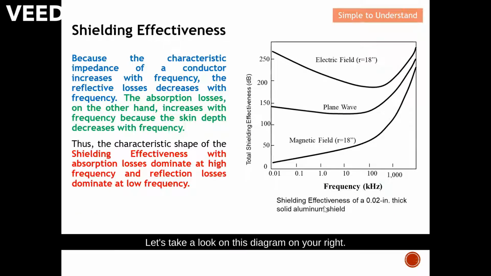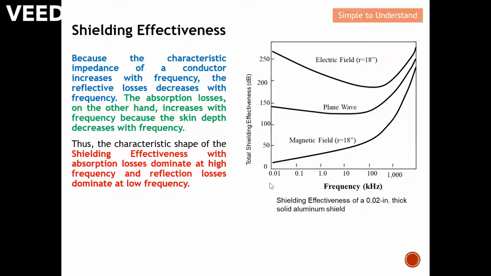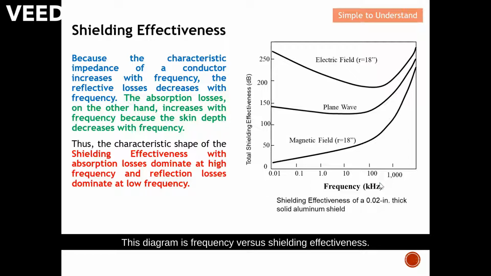Let's take a look at this diagram on your right. This diagram is frequency versus shielding effectiveness. You can see that the source is based on electric field, far field, and magnetic field.